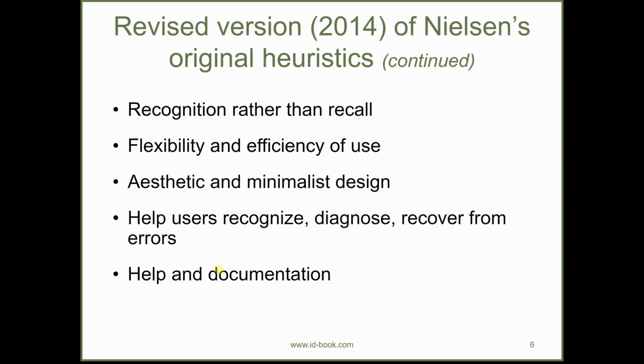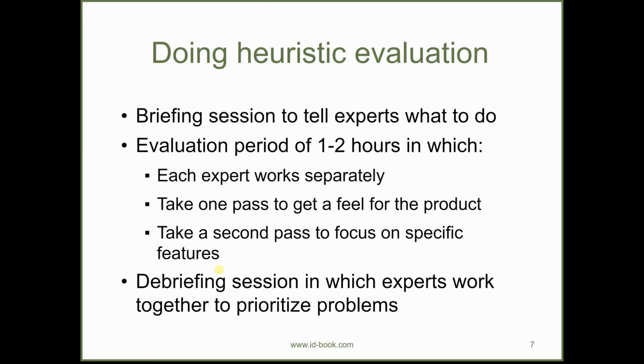The idea behind heuristic evaluation is that a set of experts get together and pick each of Nielsen's heuristics or design principles, and try to see whether the product they have been assigned to evaluate fulfills this principle of design or not. How well does it do that?